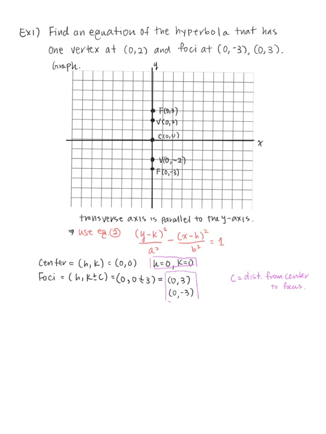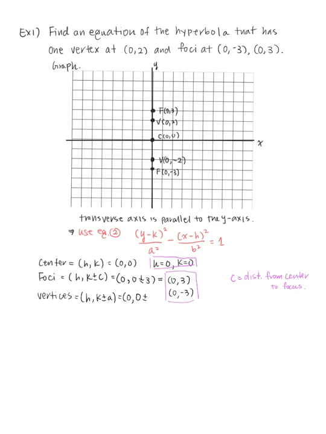Okay, so now who is next? Let's go with the vertices then. The formula for the vertices is (h, k plus or minus a). In this case, we have 0, and then k is 0, plus or minus a.